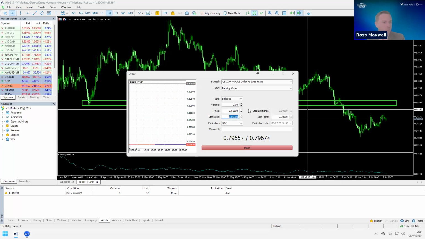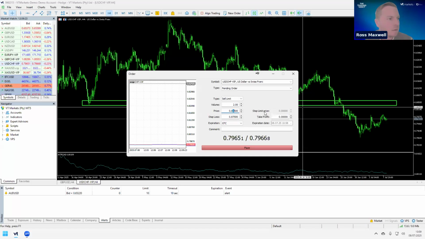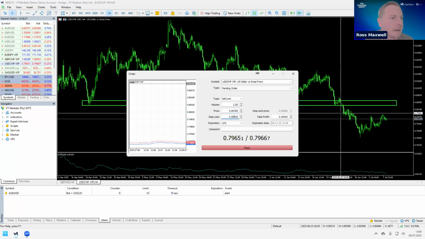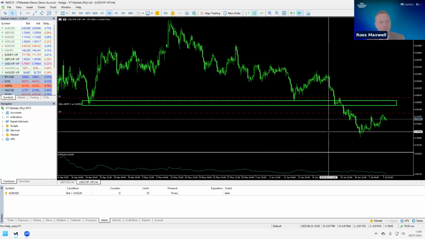We said we're having a 40 pip wide zone, so 0.8035, not 0.8. And then we're going to target back down towards these sort of swing highs here, which is around 0.7995. So that's just a one-to-one risk to reward trade, actually, that one there. And if it was less than one-to-one, I just wouldn't trade it, to be honest. Place that order, and that's done.